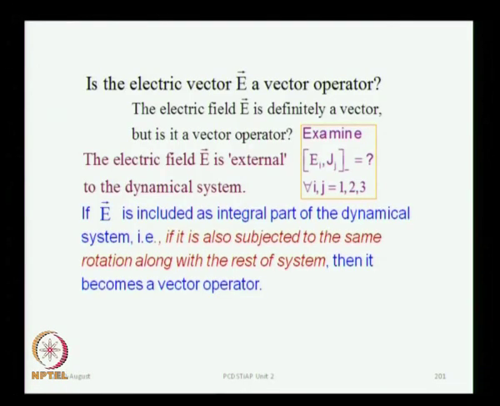Now, it turns out that if the electric field is included as an integral part of the dynamical system, so you define your system not to be the atom, but the atom plus the electric field, and then define an angular momentum, you can certainly do that, but it will have an extremely complicated form, and that is rarely done.